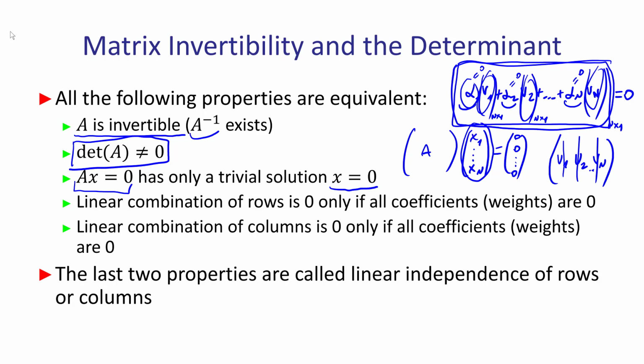The last two properties are called linear independence of rows or linear independence of columns. We will see more formally what linear independence is in the next slide.